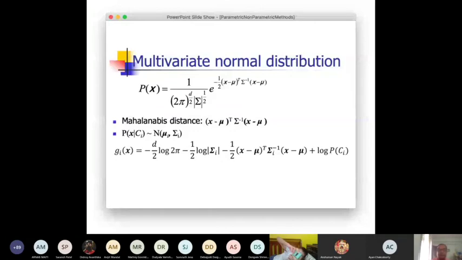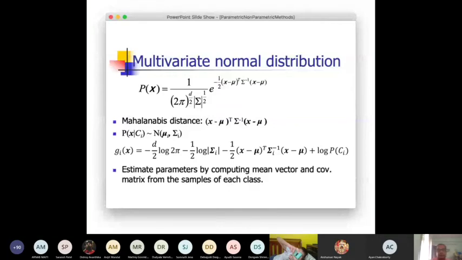Is it clear? Fine. So in the multidimensional space also, you can see that it's a pretty simple extension of the computation you did in the single dimensional case.